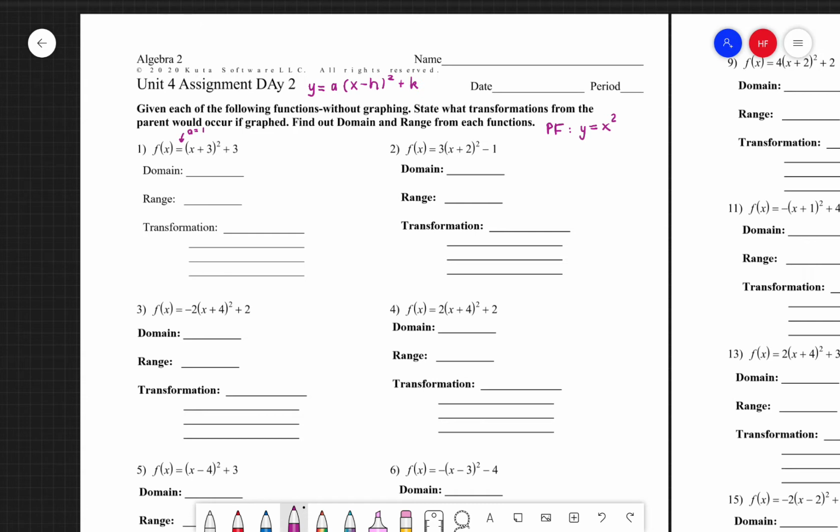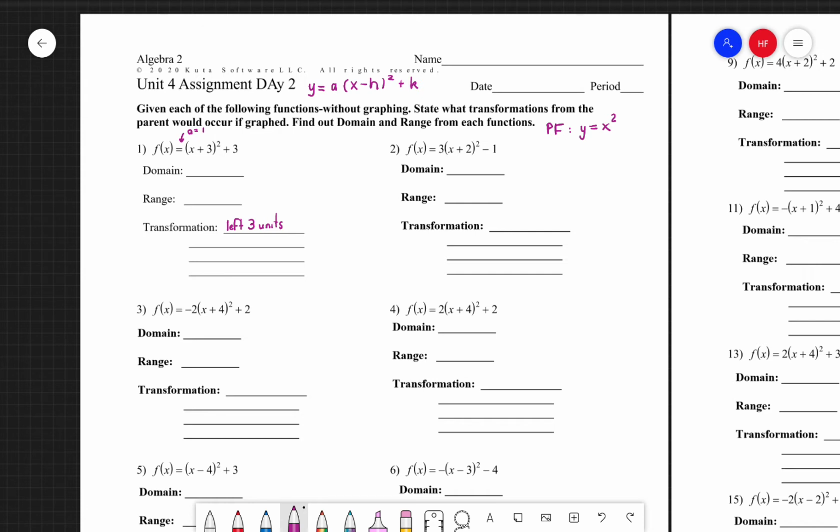Remember, on the inside of the parentheses, we're going opposite. So if it says plus 3, we're moving to the left 3. So we're going to say left 3 units.